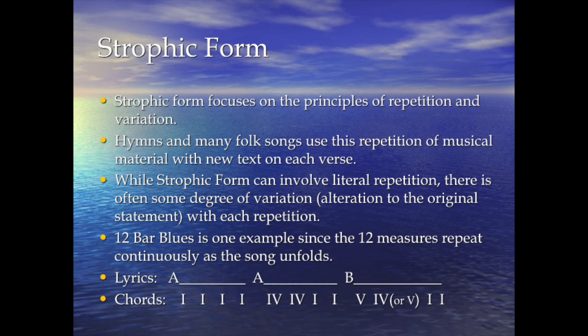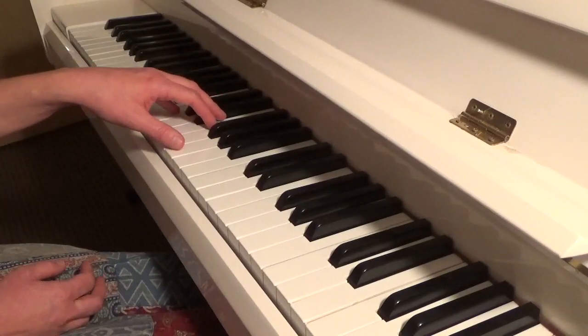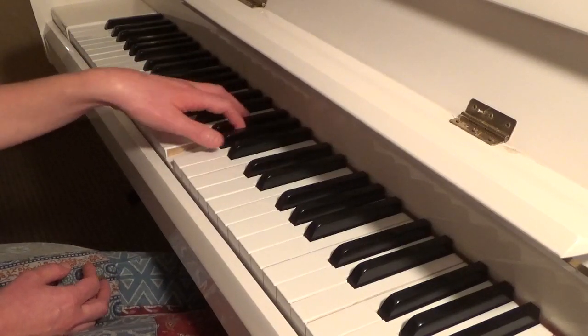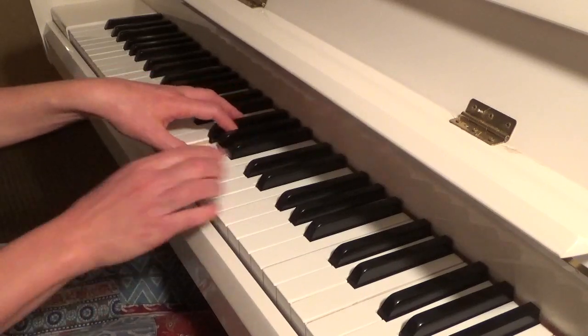The 12-bar blues is one example, since the 12 measures repeat continuously as the song unfolds. With the 12-bar blues, you were introduced to that already, but only to one verse of it. So 1, 2, 3, 4.